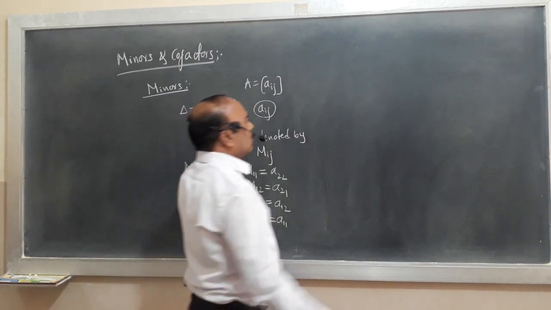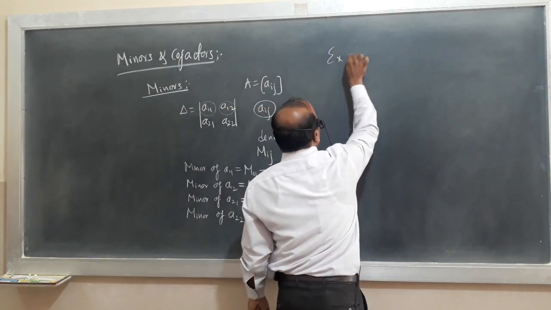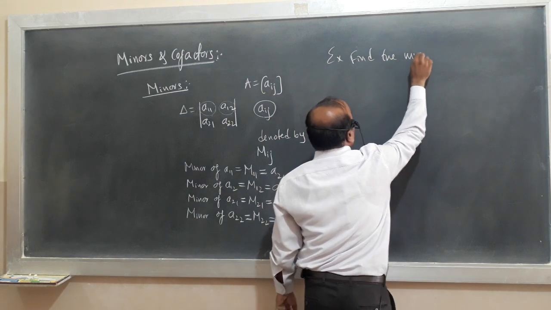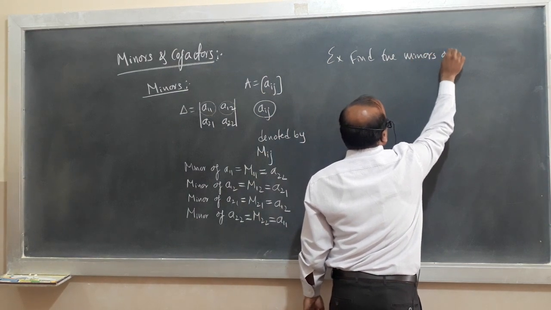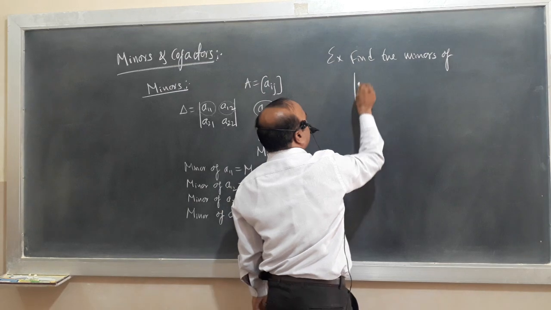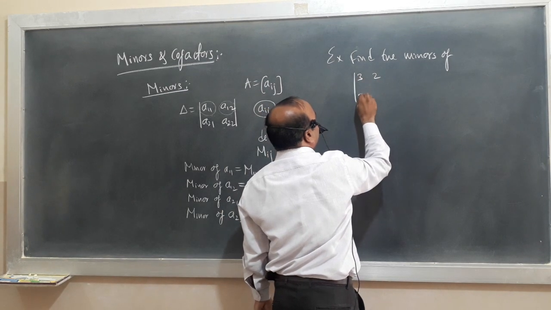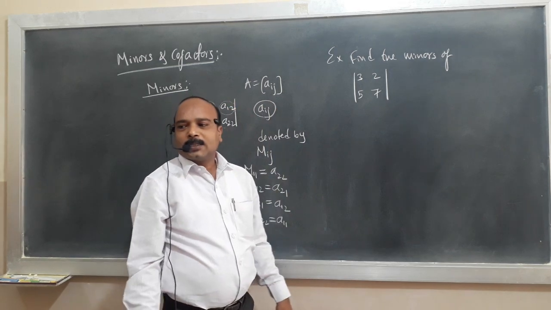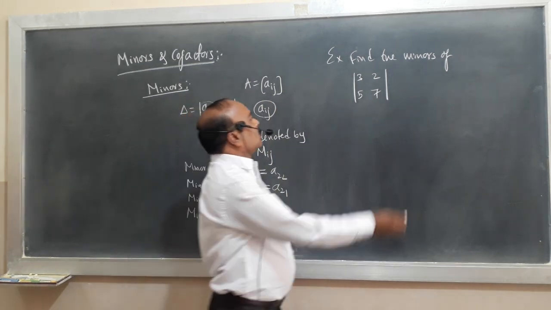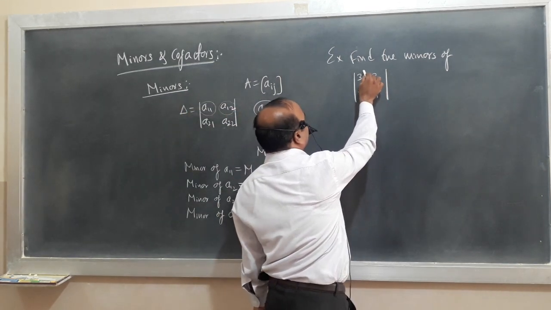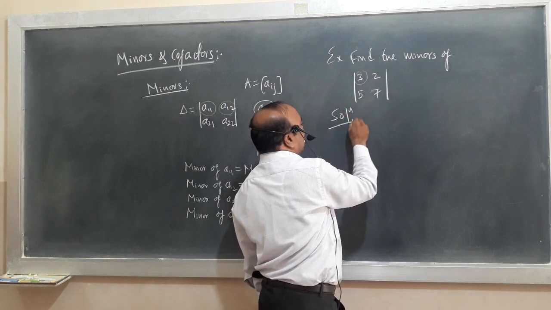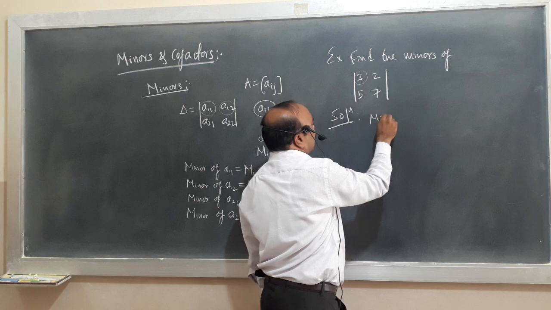If we consider one example, find the minors of the determinant 3, 2, 5, 7. We write the minor of the first element, that is 3.